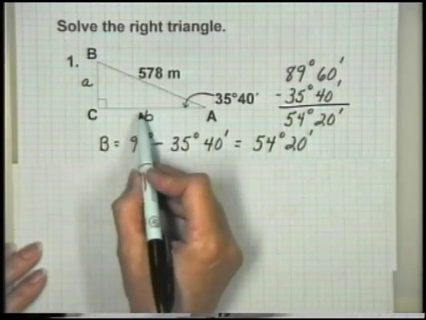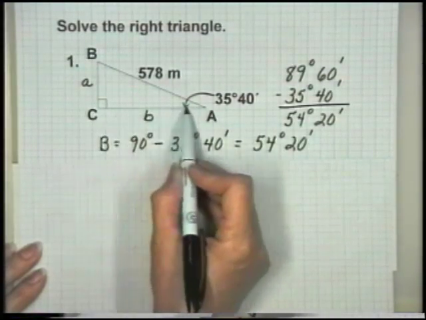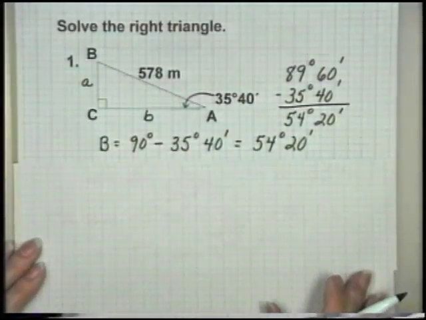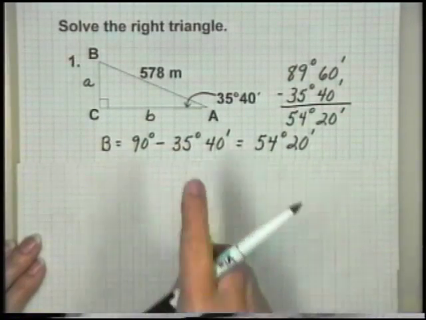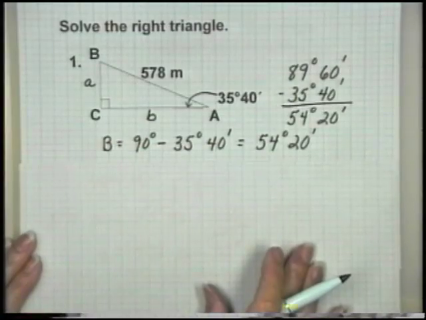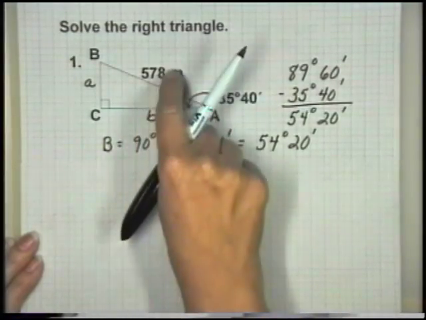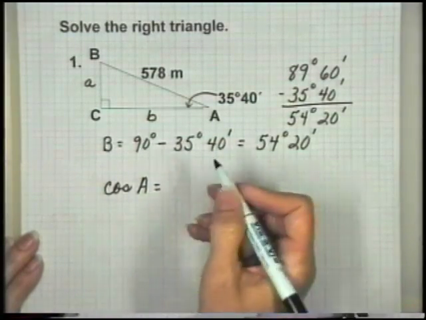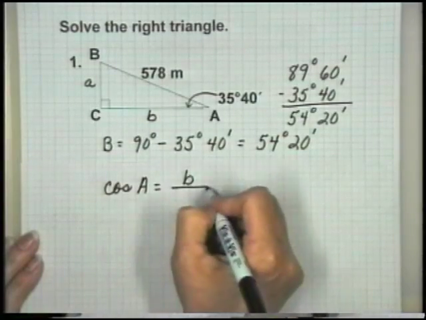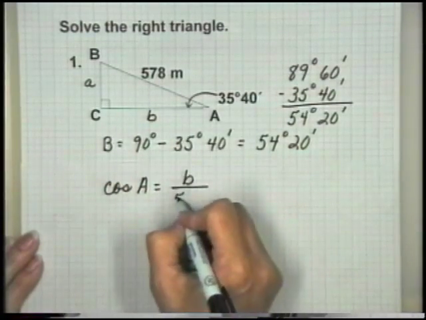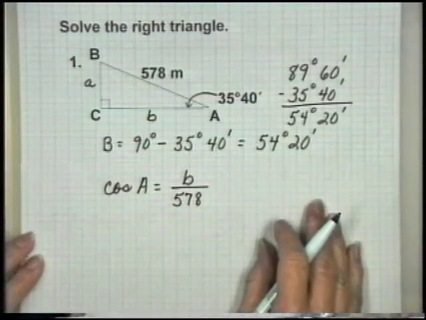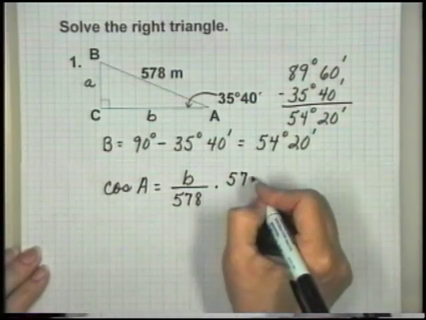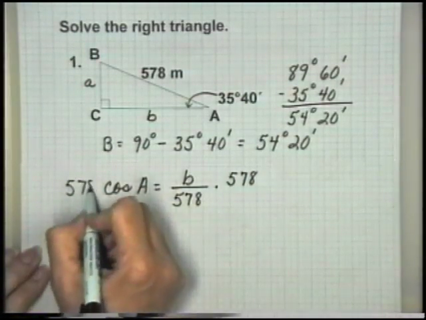We were given angle A. So since we're looking for side B, which is adjacent to angle A, and of course 578 is the hypotenuse, what trig function of angle A will we want to use? Adjacent over hypotenuse, we want to use cosine of angle A equals adjacent, which is our side B we're looking for, over 578. Well, we'll solve for B by multiplying both sides by 578.